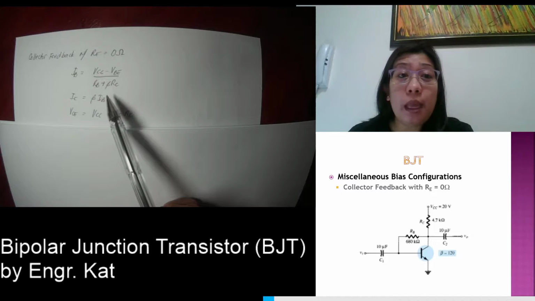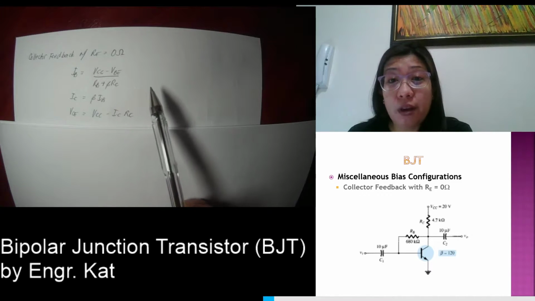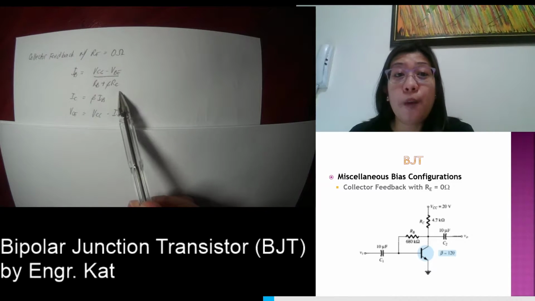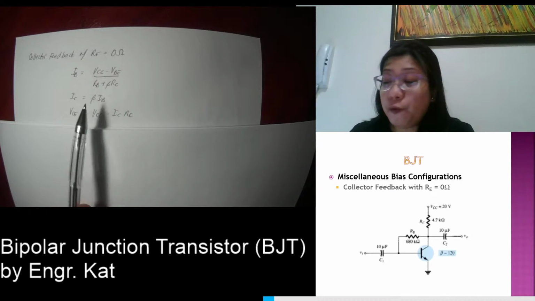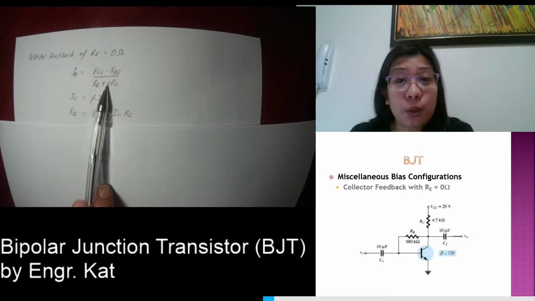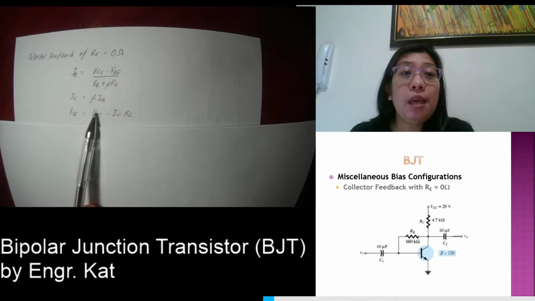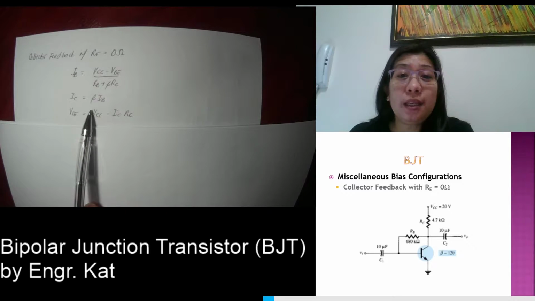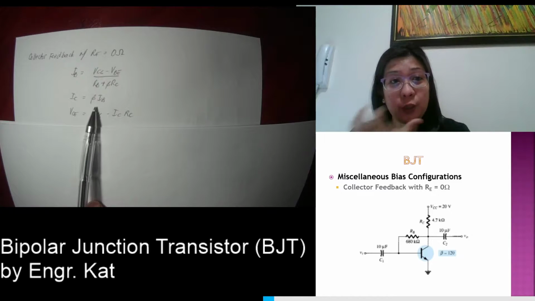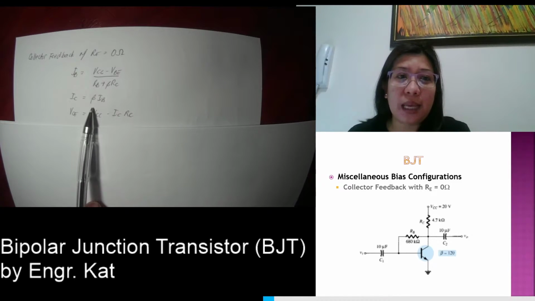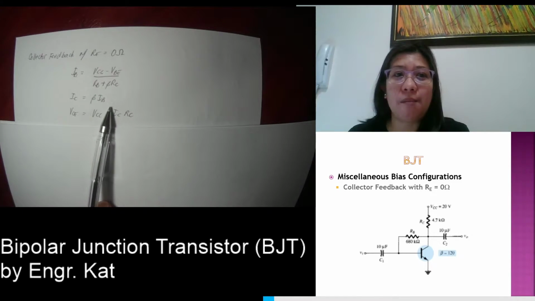So instead of beta multiplied by RC plus RE, we just have here your RC instead. Okay, so after solving for IB, we will be using this relationship between your base current and your collector current with your beta. So this is your IC, which is IC equivalent to beta multiplied by your IB.